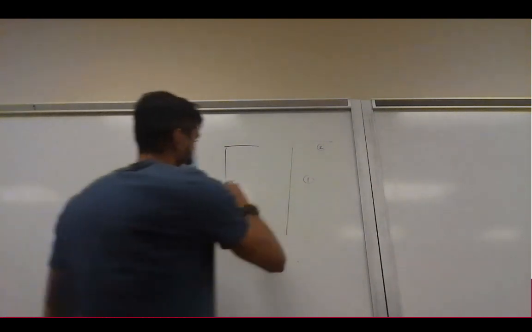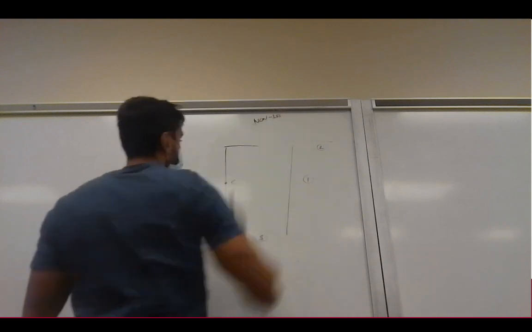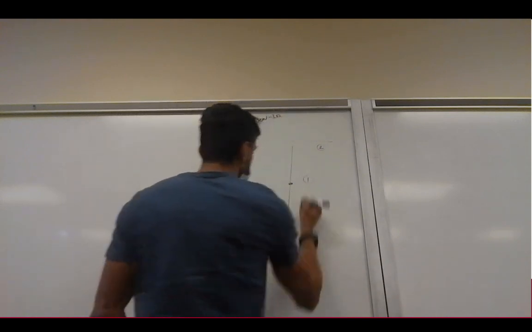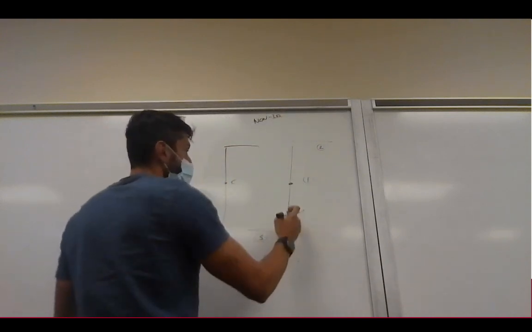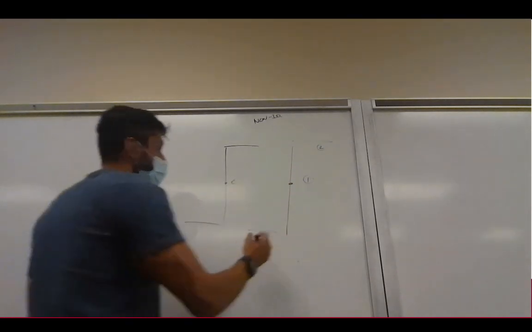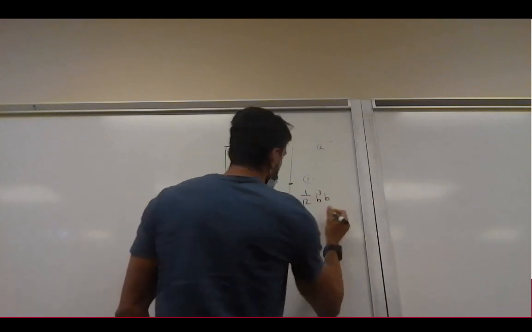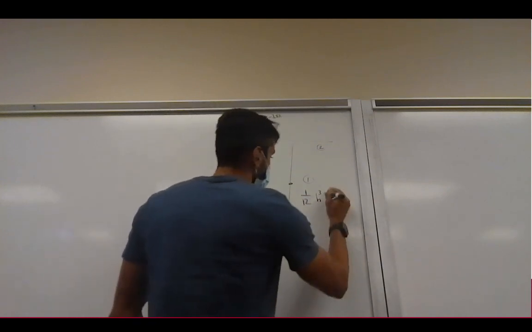So for this one, if this is non-idealized, the centroid of our vertical beam corresponds with the centroid of our cross section C. So what we can do is 1 over 12 h cubed b. Well, b is the thickness, so in this case it becomes t.